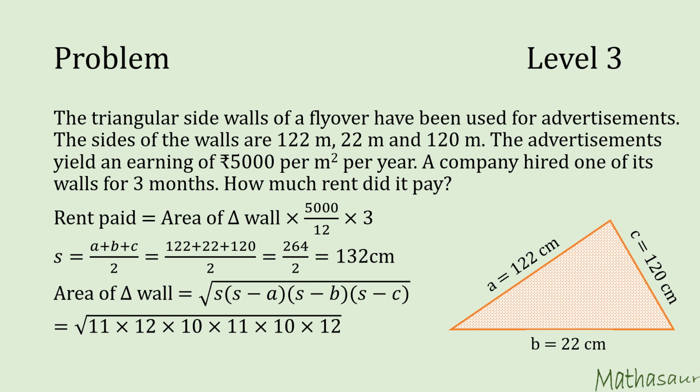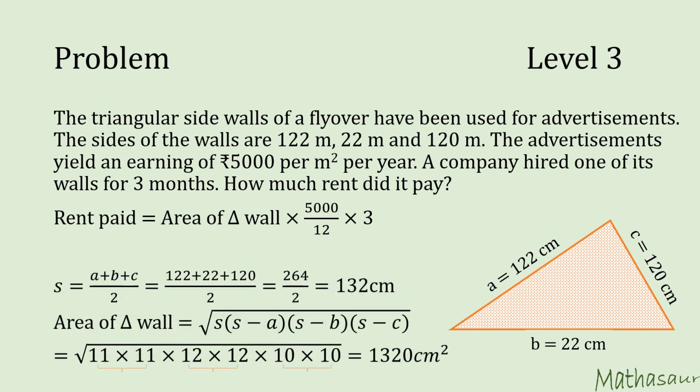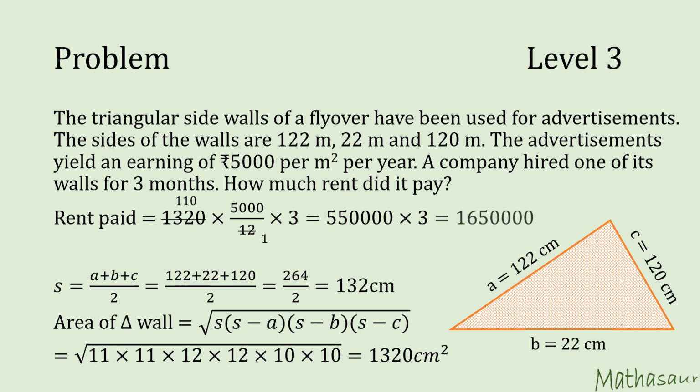Let us form pairs of the numbers under the square root. And we find that the area of triangular wall is 1320 centimeters square. Now let us substitute this value in the formula for rent paid. And we find that the rent paid would be 16,50,000 rupees.